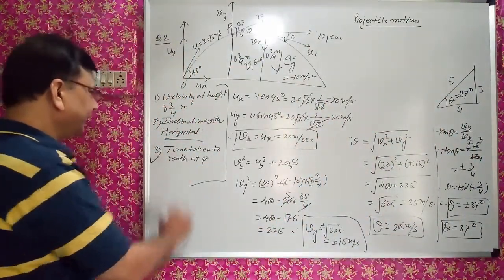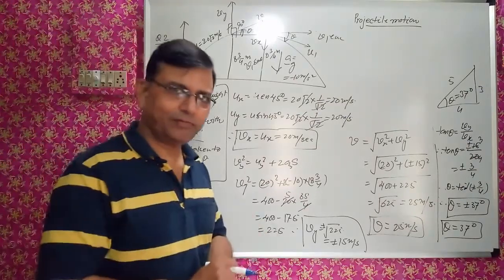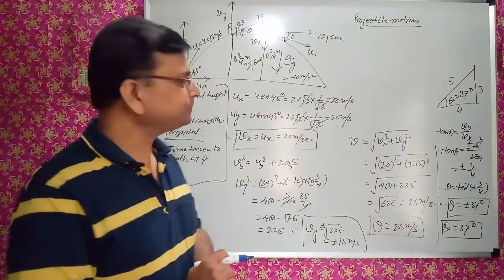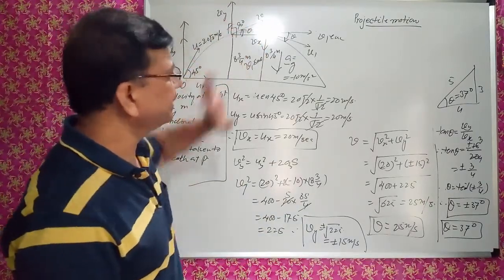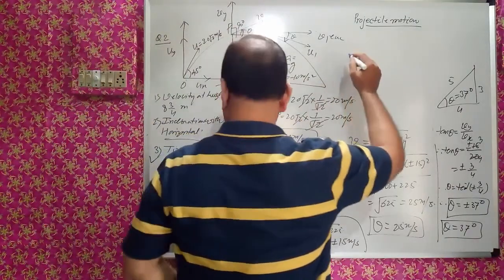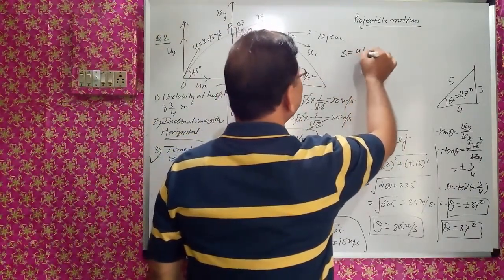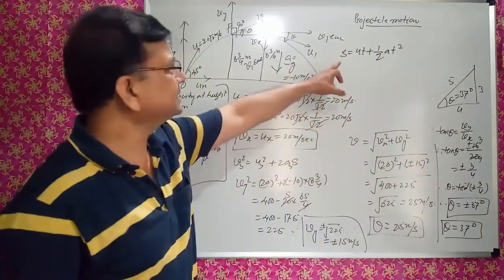Now, third, we will find time taken to reach at P. There are two ways. Separately we can find from here to here, then from here to here. For the same height, two values of time I will be getting. So, we know that S is equal to ut plus half at square. What is S?